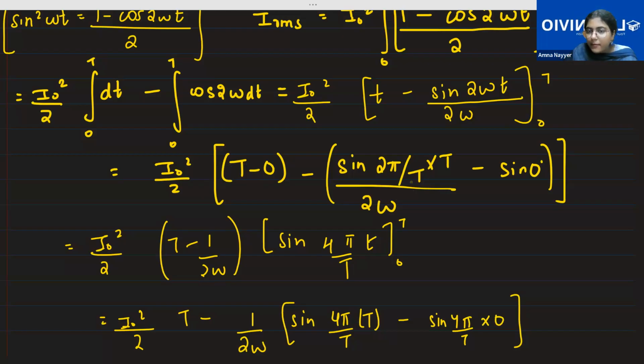So this 2 pi by t is left, this t will be cancelled. When you put 2 pi by t into capital T, this is from 0 to t, so we have just put this value. Okay, I forgot to write 1, 2, just wait.